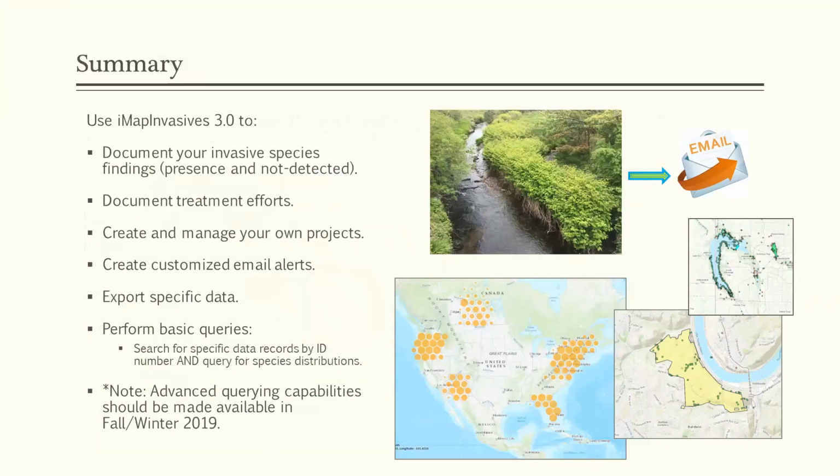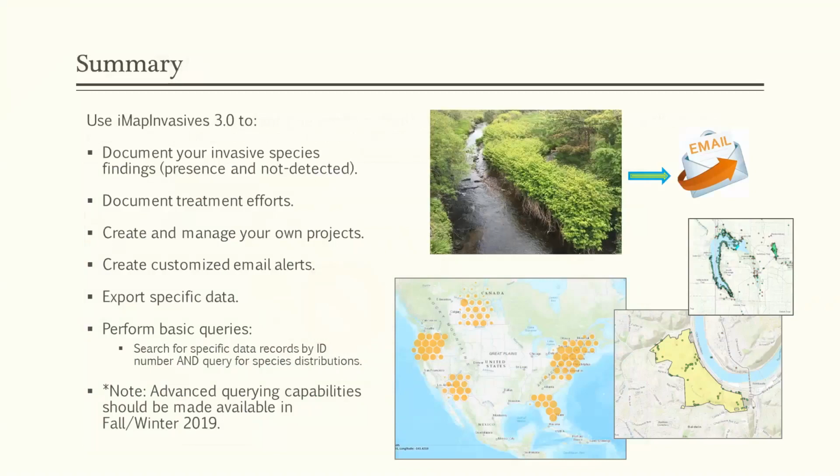So I just want to go over in summary everything that we've talked about as far as iMap 3 and what you can do. So you can document your invasive species findings, both present and not detected. You can document your treatment efforts. You can go in and either become a member of an existing project, or you can go in and create and manage your own projects.